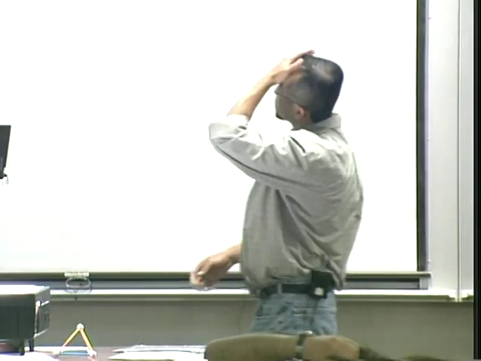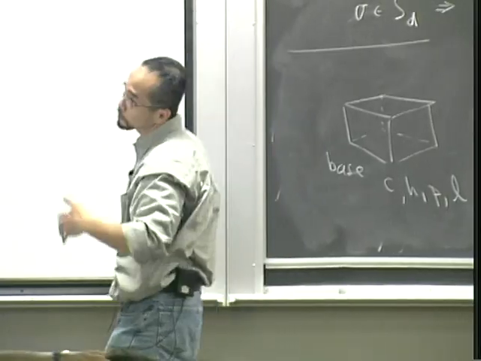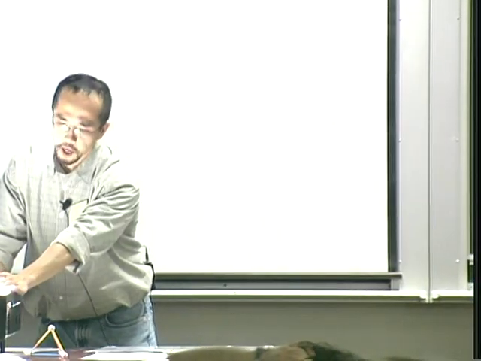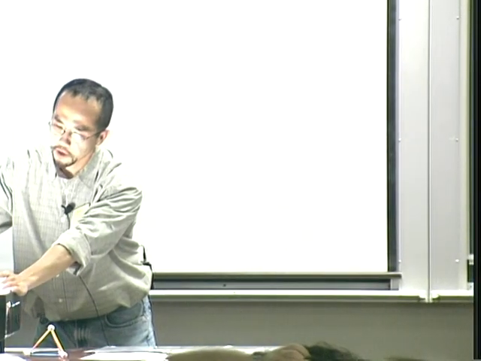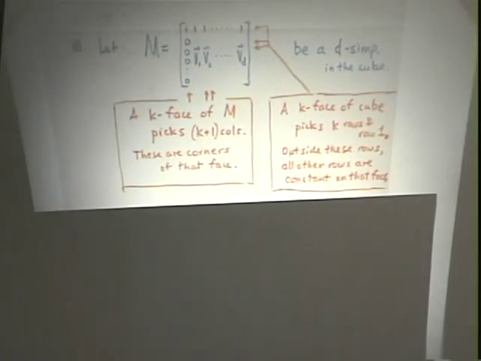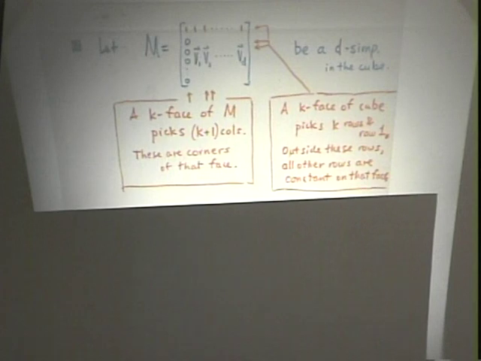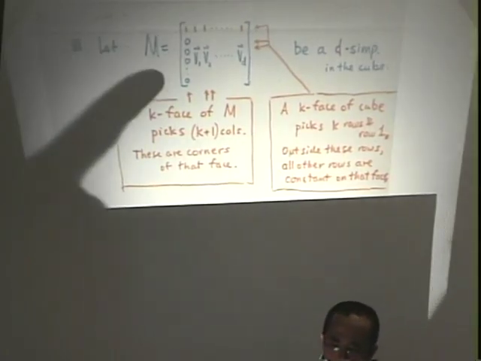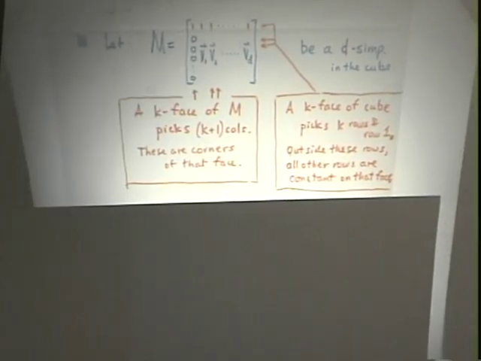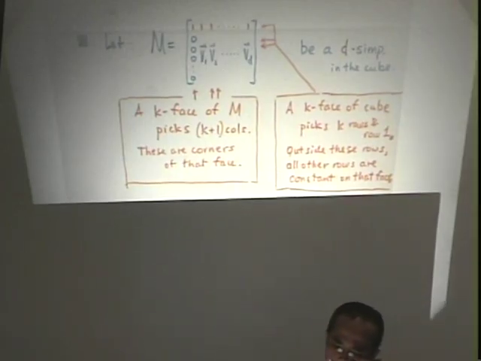And what I want you to notice is that if I want to pick a particular face of a cube, then it amounts to picking k plus 1 columns. And if I want to pick a face of a simplex, it amounts to picking the columns, because those are just the vertices that are mentioned. If I want to pick a face of the cube, then it amounts to identifying a certain number of rows, k rows.